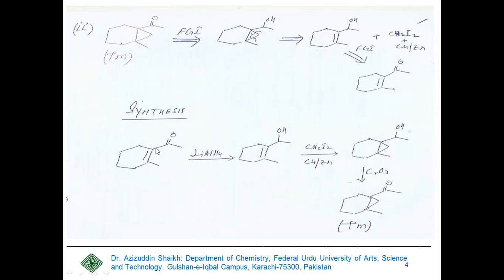This is an alpha beta unsaturated carbonyl compound. By reduction in presence of lithium aluminum tetrahydride, it is converted into a hydroxyl group. Then in presence of diiodomethane and copper zinc, the carbene reacts with this double bond to form cyclopropane, and by the oxidation with chromium oxide, OH is converted into carbonyl group.